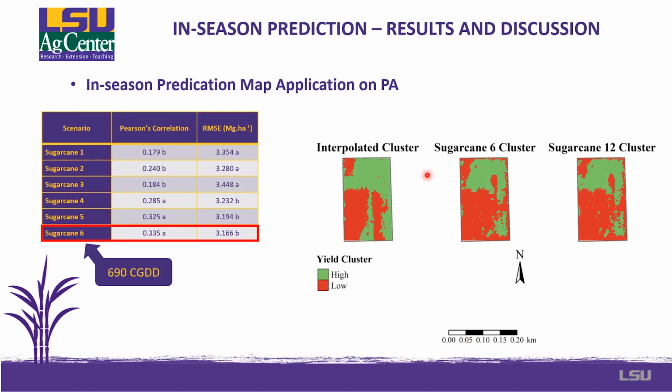If we compare the high and low yield zones from the actual harvester, from the sixth scenario, and the 12th scenario, which we consider the best compared to what we showed before, the sixth and the 12th are basically the same maps, and they're pretty similar to the interpolated one.